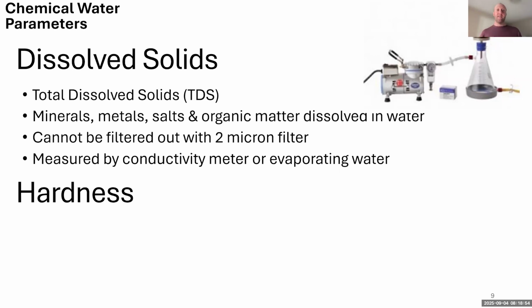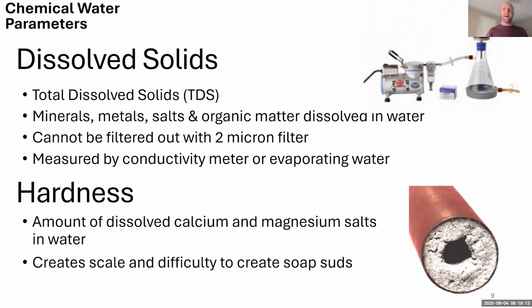Okay, another concept that's related but not necessarily the same is hardness. This is probably something you've all heard. People talk a lot, at least around here, like, oh, this town has really hard water and this town has really soft water. It's a pain in the butt because hard water is really dissolved calcium and manganese salts, and it creates scale on pipes, which can also lead to some corrosion.